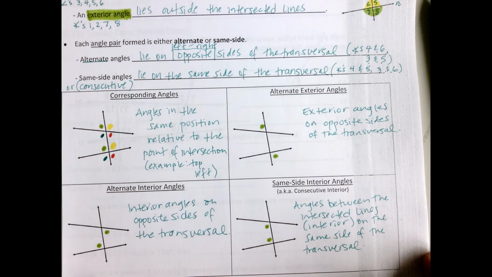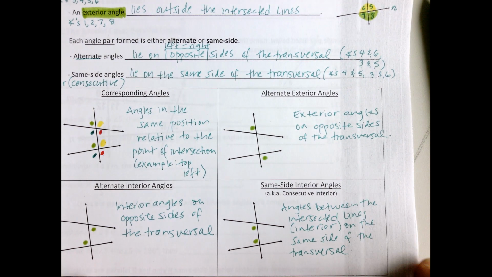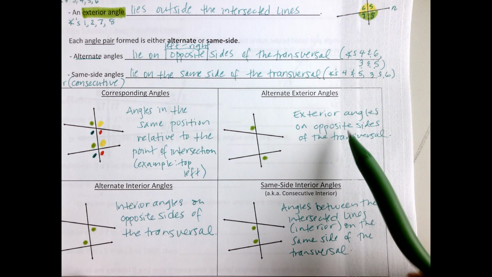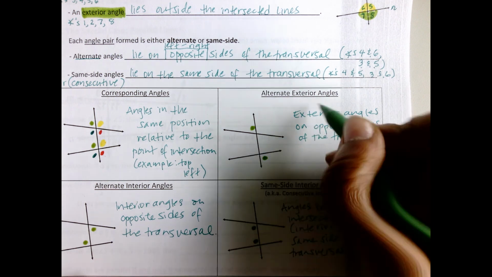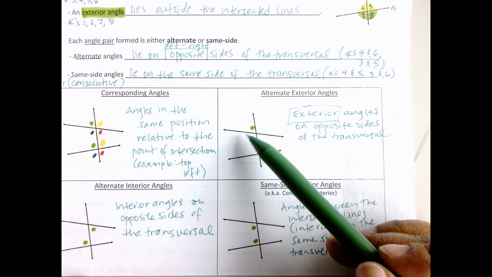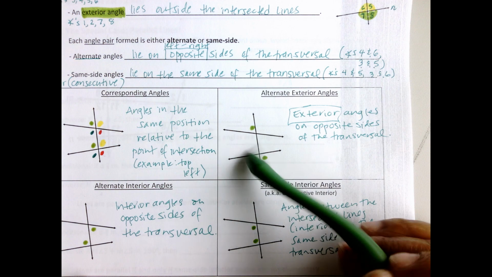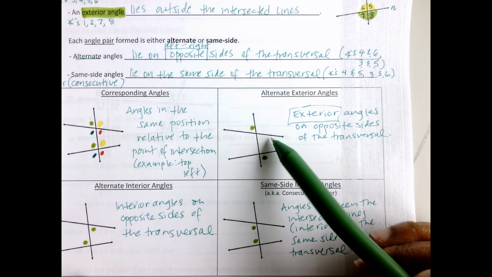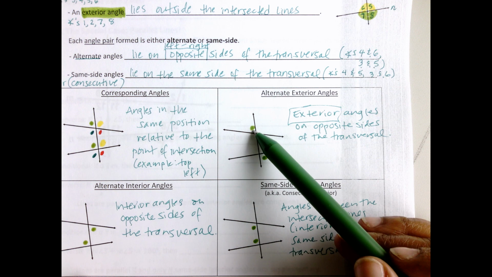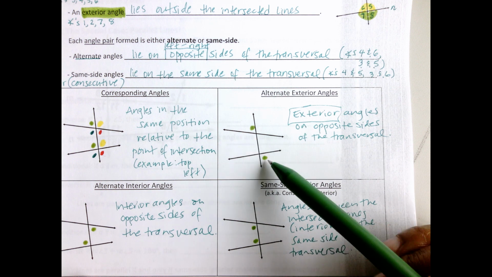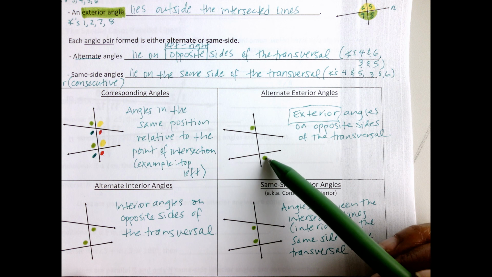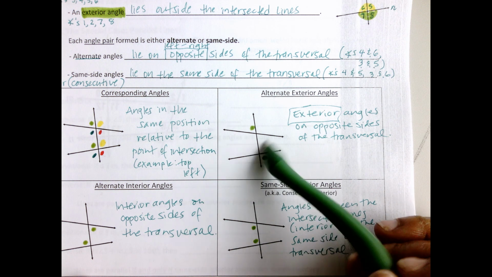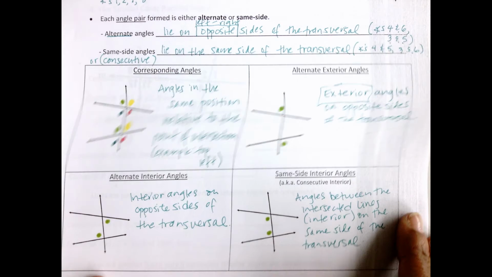Alternate exterior angles. Alternate exterior angles are angles on opposite sides of the transversal. Exterior angles specifically, meaning they fall outside of the two intersected lines. So we have one alternate exterior up here, one down here. These are alternate exterior. One is to the left of the transversal, the other is to the right of the transversal, and none of them fall within the interior, making them alternate exterior.